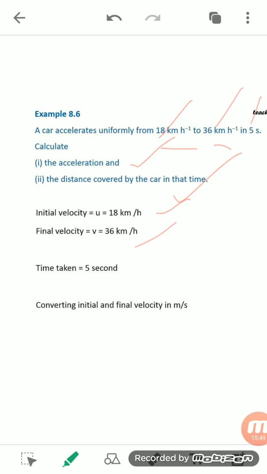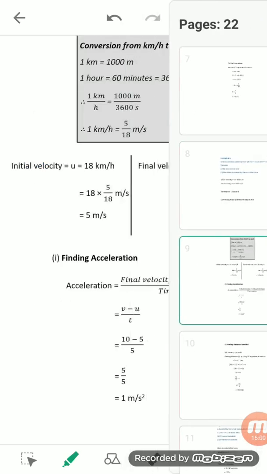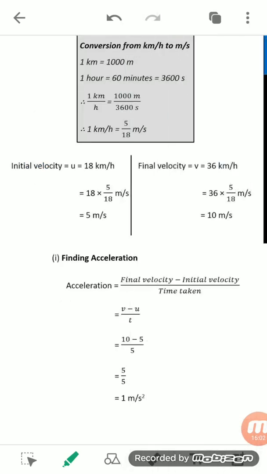We have to find the acceleration. So at first we will convert these kilometer per hour into meter per second, because time is already given in seconds. So what we have to do, simply we have to multiply these two by 5 by 18.